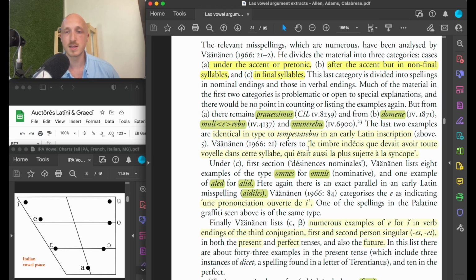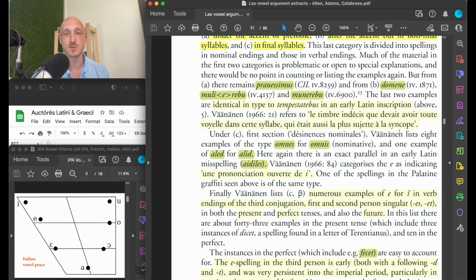And he says, "le timbre indécis que devait avoir toute voyelle dans cette syllabe, qui était aussi la plus sujette à la syncope." So the indecisive timbre that every vowel should have in this syllable, which was also most subject to syncope.